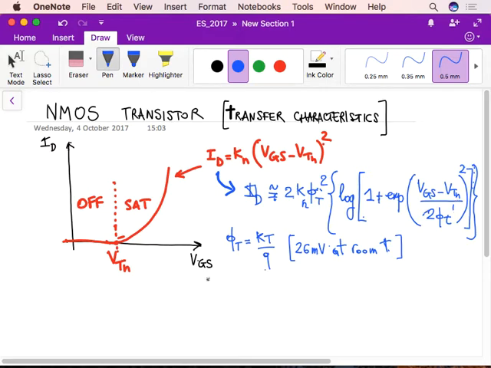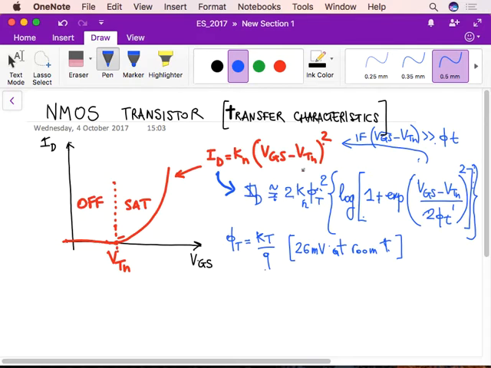If it's much larger than phi t, it is also much larger than 2 phi t. So this is a particular case.